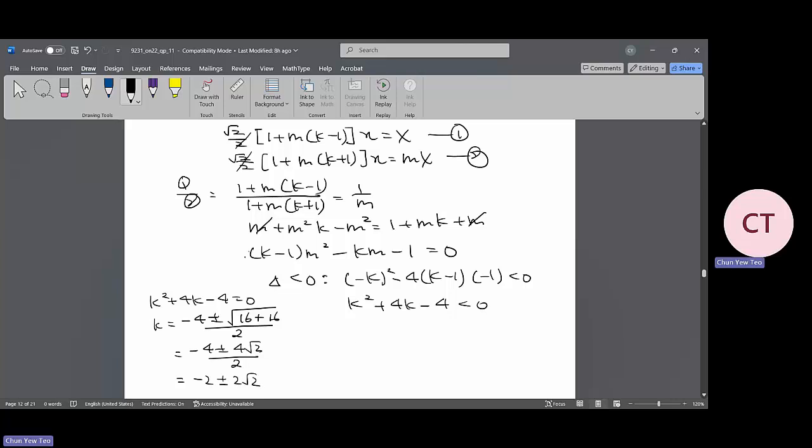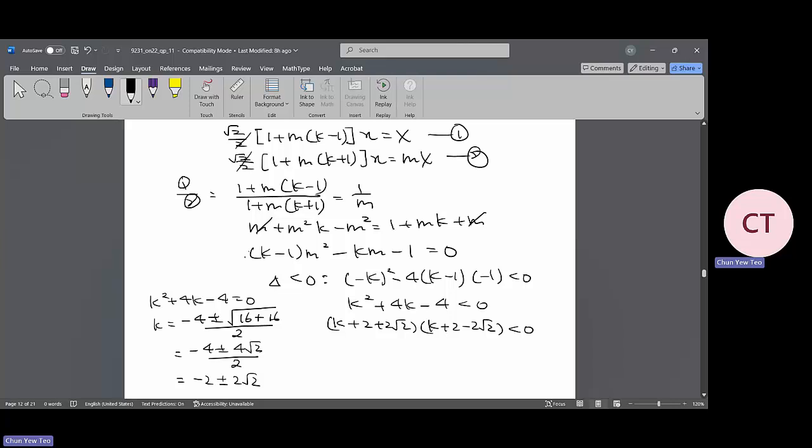Okay. So over here, we can factorize it in such a way. One is k plus 2 plus 2 root 2. Another one is k plus 2 minus 2 root 2.